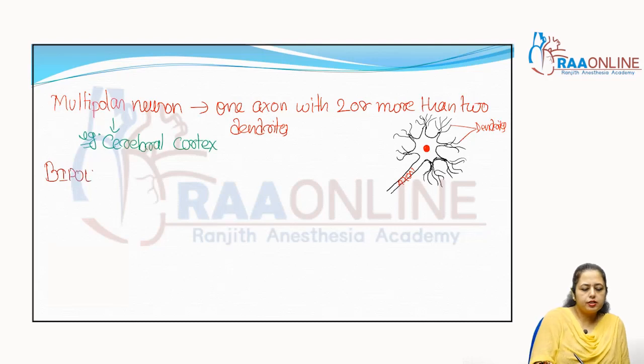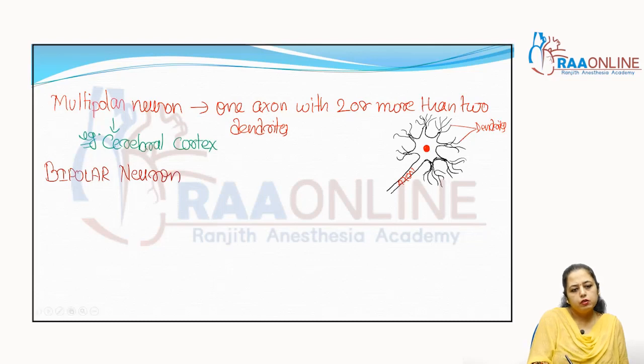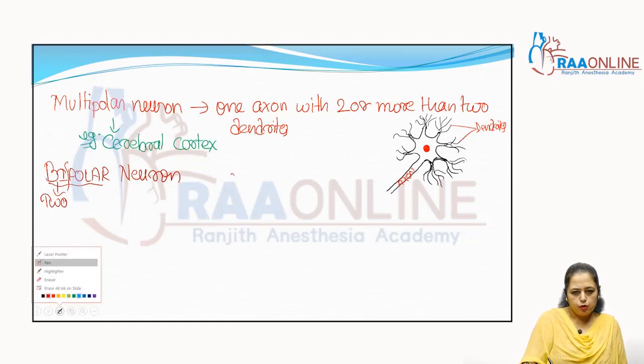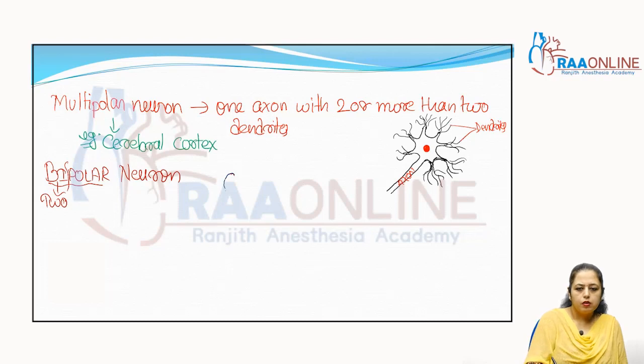Now come to the bipolar neuron. Bi means two. This is the axon, and here is the dendrite, with the cyton.